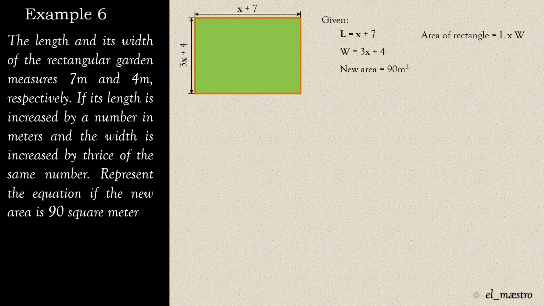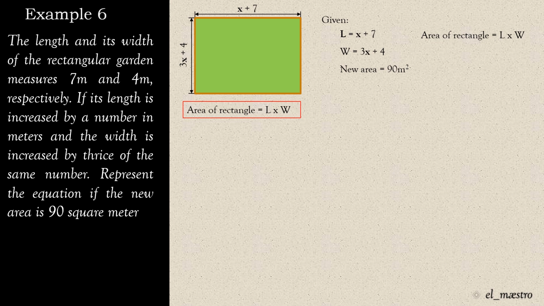And we have to find the equation of a rectangular garden, okay, using the new area, which is the area of a rectangle is length times width. So, mao ni ang atong tanawon, okay, area of a rectangle, length times width.